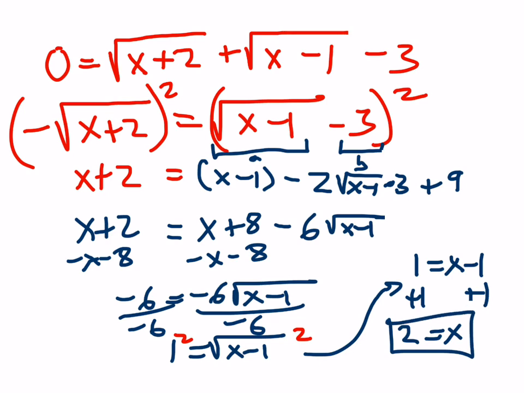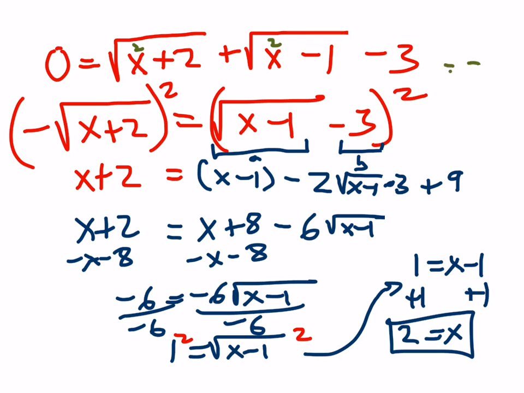Now, whenever you're dealing with square roots, you need to check to make sure that that's a good solution, not an extraneous solution. So plug in 2 for x here, and here. We're going to get 2 plus 2 is 4, and the square root of 4 is 2.